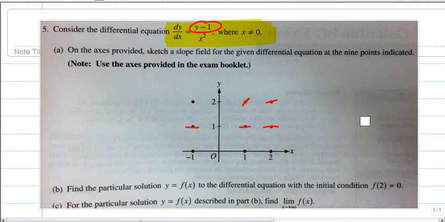Cranking through it. Let's look at this guy right here. That's x is 2, y is 0. So that's negative 1/4. Down 1 over 4. Or back 1. Down 1 over 4, so up 1, back 4. 1, 2, 3, 4.